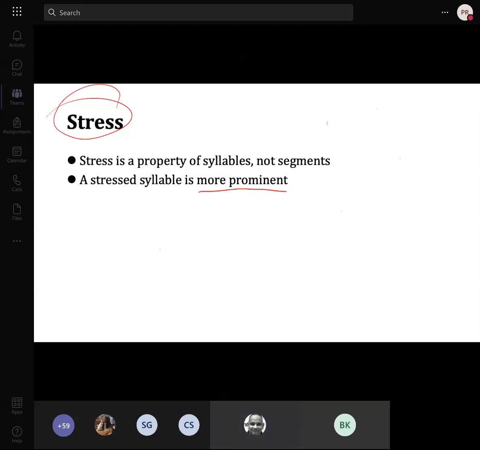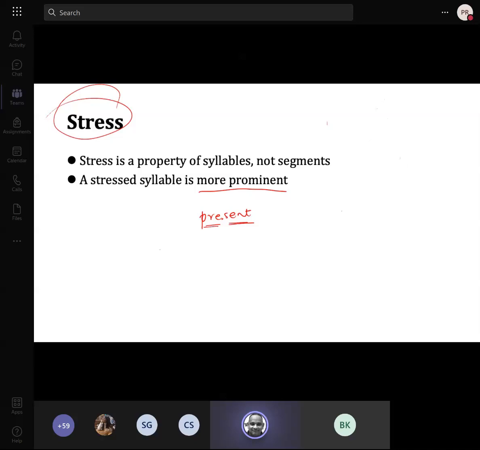Okay, I will give you a word and I want to know from you, right? Let's take this word present, right? What happens when we differentiate the stress in this word? There are two syllables here, pre and zent. Sometimes I can put stress in the first syllable, sometimes in the second syllable.